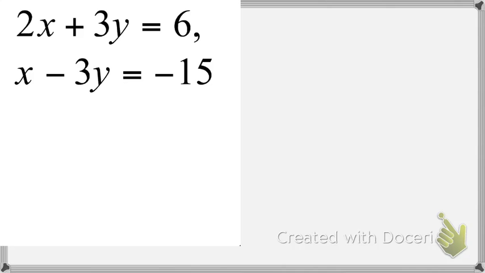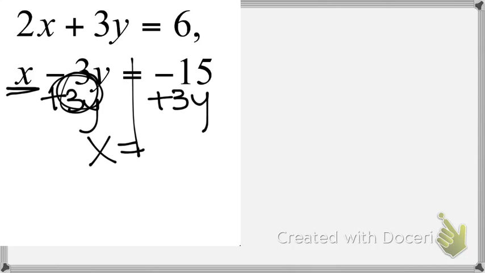again, we're going to look for, is there a variable that's all by itself on one side that is solved for? And in this case, there is not. But this x looks like it's pretty close to being by itself. We just need to get rid of the 3y. And since it's minus 3y, to get back to 0, we're going to plus 3y on both sides.